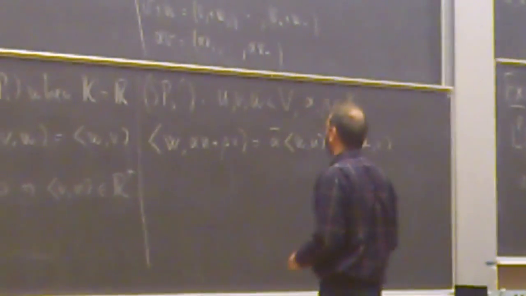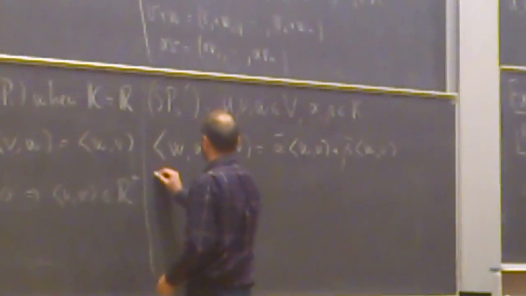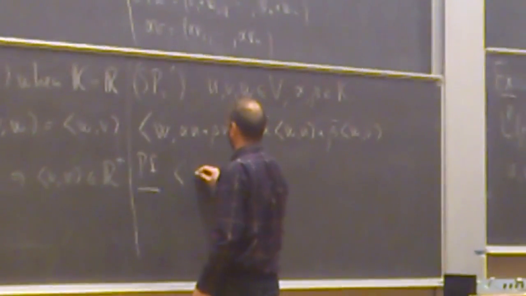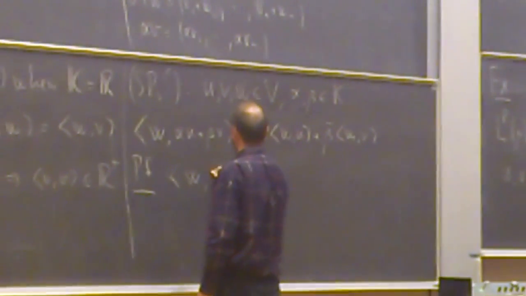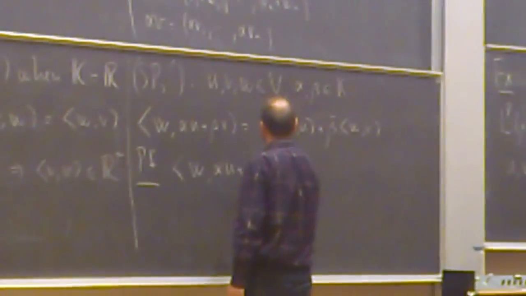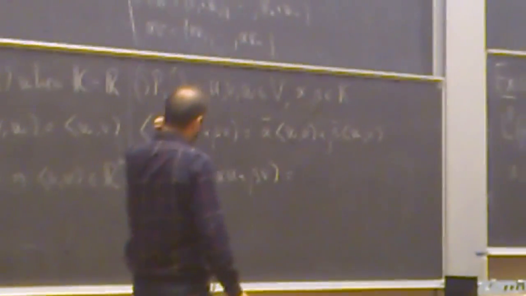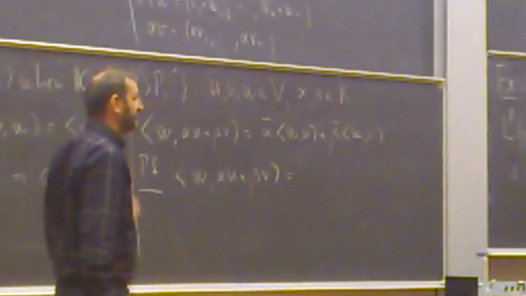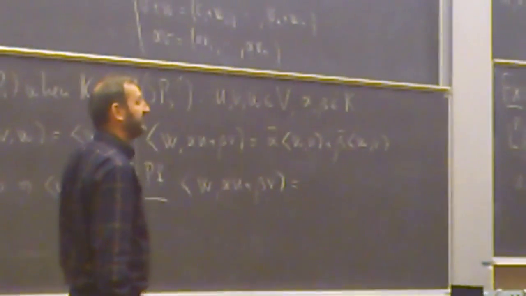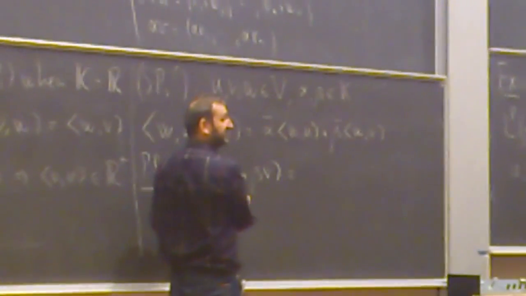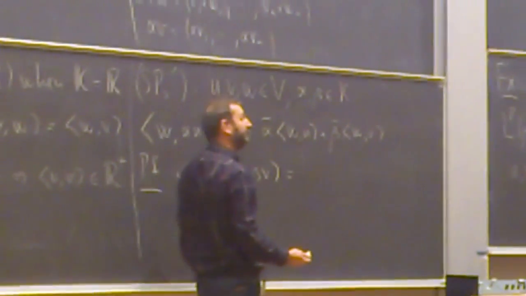And this is a consequence of the axioms. So let us just prove why this is the case. Just to see how it follows. If we just look at the axioms, then all we know is how linearity behaves in the first variable. So we would like to put this over to the first variable, and this we can do by using SP2.